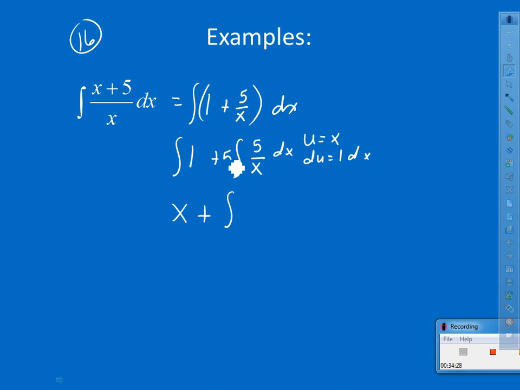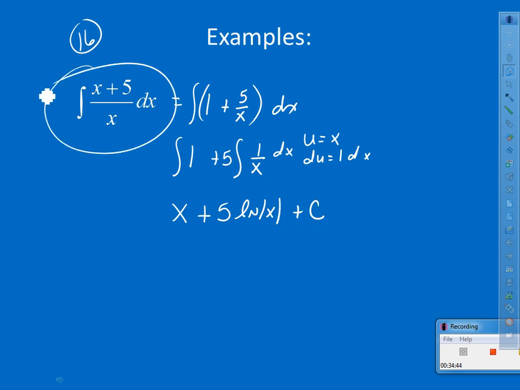So I'm going to move that 5 out here. That's going to make this a 1. That tells me I have a natural log. So this becomes 5 times the natural log of x plus c. Hey, so reduce that thing first and then find each antiderivative.